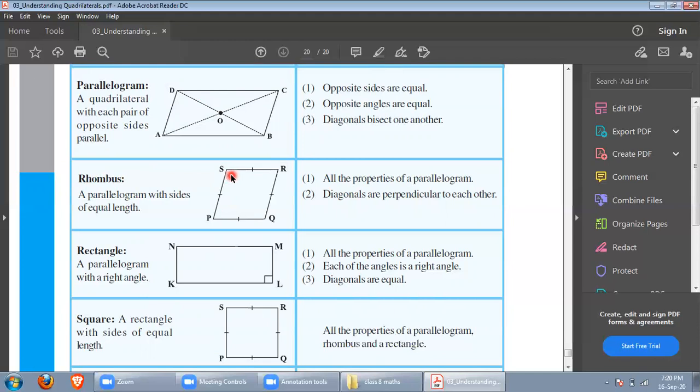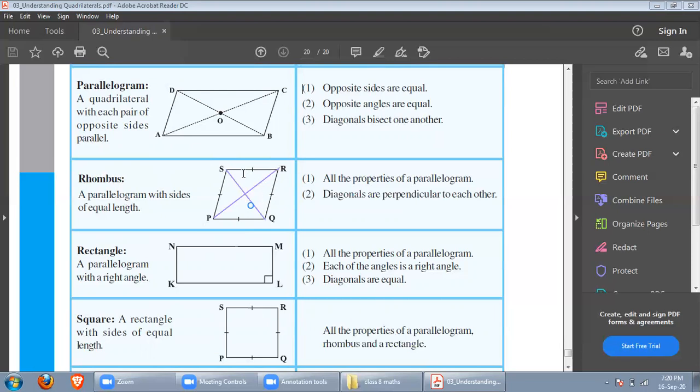And again, the diagonal SQ, if I have to draw the diagonal here for this rhombus, these two diagonals, PR and SQ, okay? So again, if we have O here, OS equals OQ, OP equals OR. The diagonals bisect each other, yes.